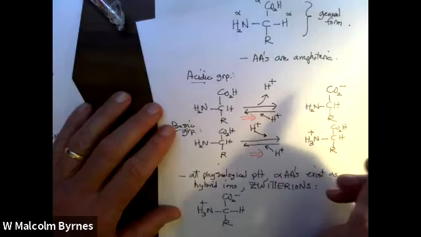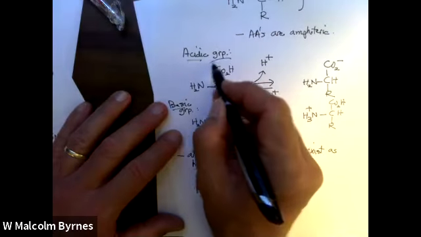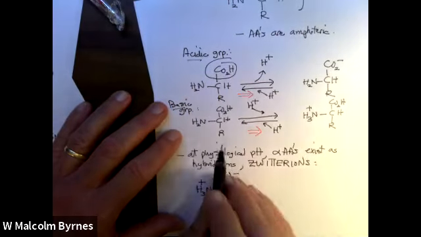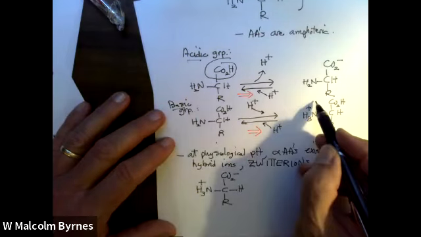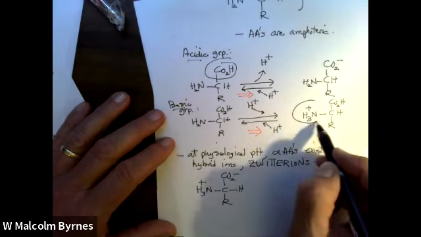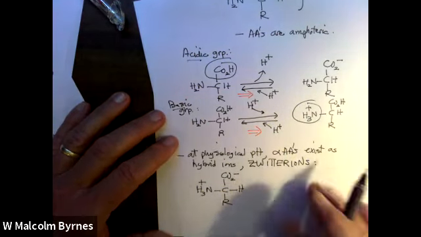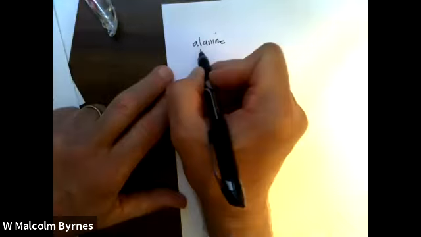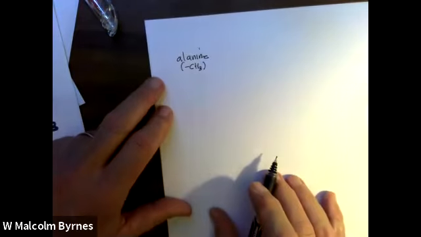We can think about the pKa for the loss of a proton from the carboxyl group, pKa for the loss of a proton from the amino group. And then also on the side chain, there could be an ionizable group, and that's true for some amino acids. Now, alanine, though, has a simple methyl group on the side chain, which is not ionizable.